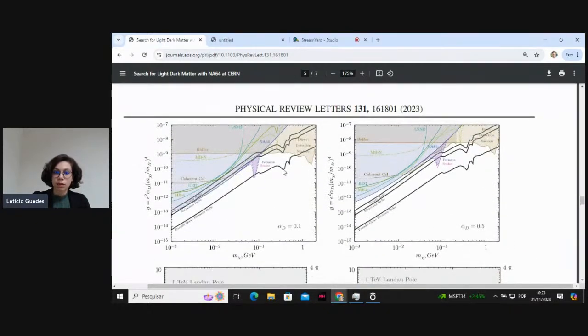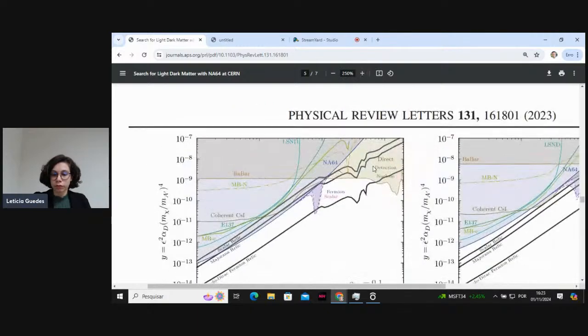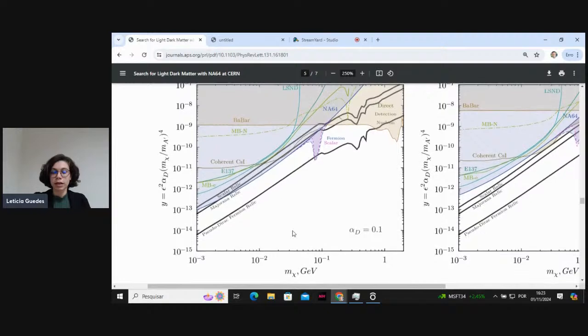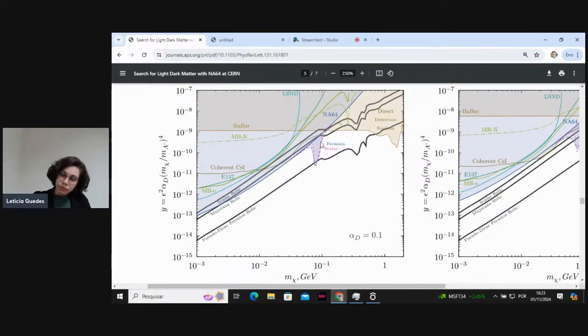So the main conclusion of this paper, let me zoom in, is that for standard values of this alpha, which is 0.1, and standard values of the dark matter mass, with NA64 you can already probe the scalar relic dark matter and a Majorana relic dark matter. These are thermal dark matters, but it doesn't say much about the model.